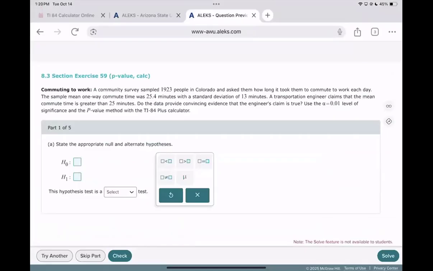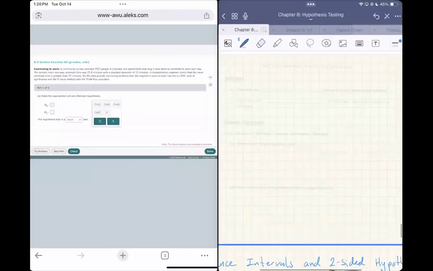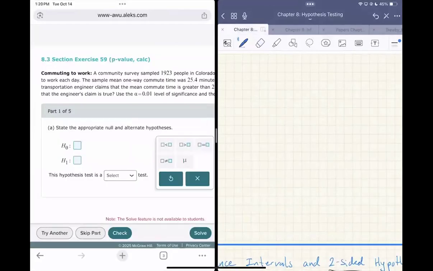A community survey asked 1,923 people in Colorado how long it took them to commute to work each day. A sample mean. Oh, interesting. So let's get some scribbles going. Okay. If you have a sample mean and standard deviation, some kind of t-test, okay?